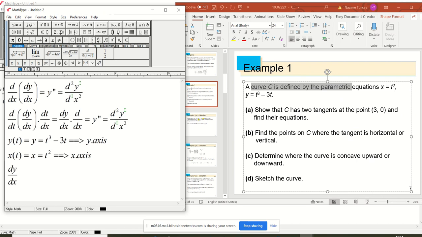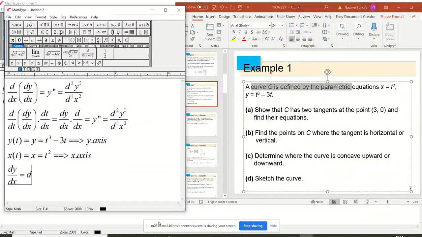This is the slope. So for this slope, y is written as a function of t here, and x is a function of t. So we have to deal with this first, and then we have to find this. For finding the derivative of y according to x, we have to apply this rule here.